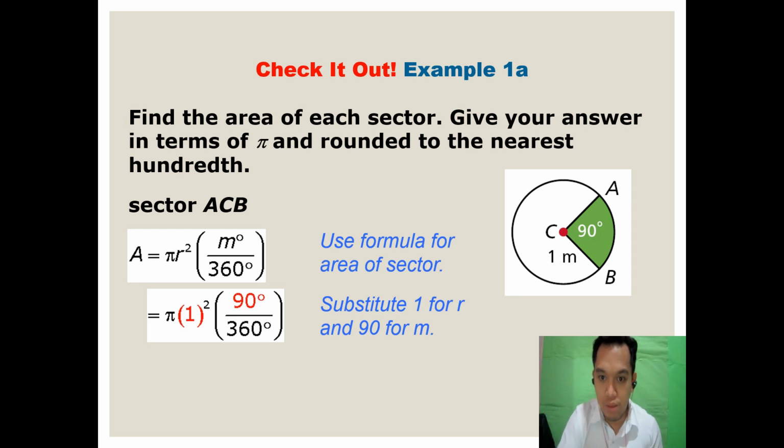So to simplify that one, we have 1 squared is 1. So pi times 1 times 90 over 360 degrees. Okay, so multiply. 1 times 90 is, okay, so that will become 90 pi.